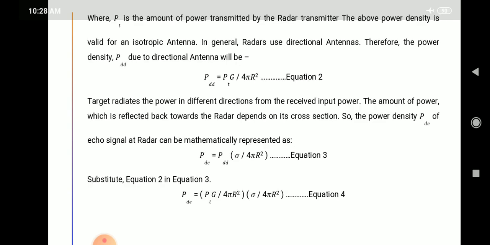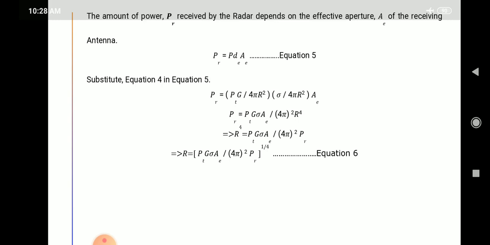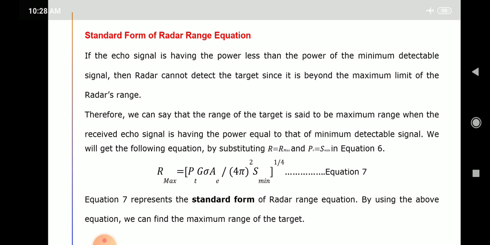Therefore, we can say the range of the target is the maximum range when the received echo signal has power equal to that of the minimum detectable signal.